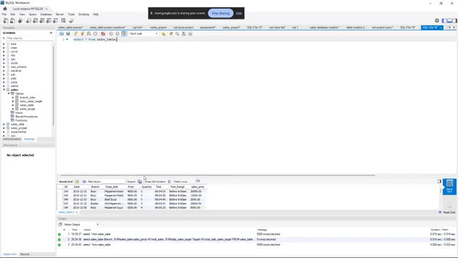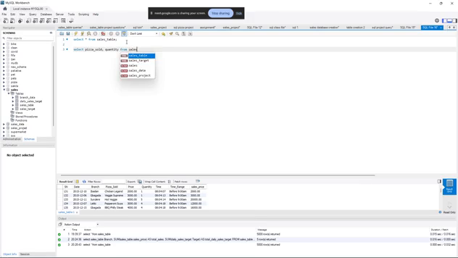Just to refresh our memory, if I want to see only the pizza sold and the quantity, those two columns, I'll say select pizza sold, comma, then another column I want, quantity, from the sales table.